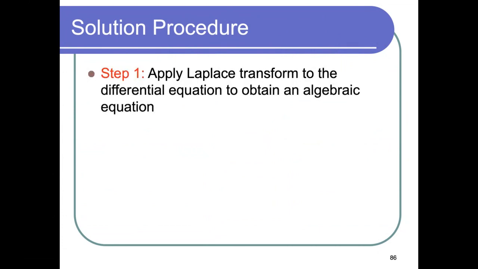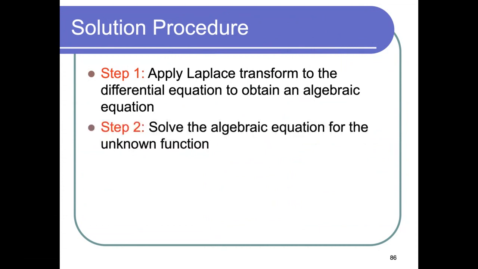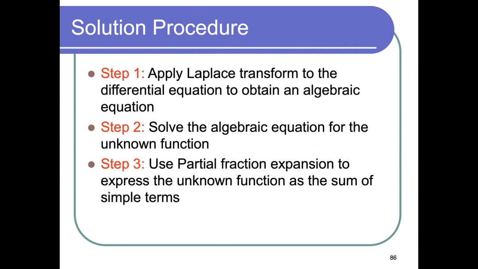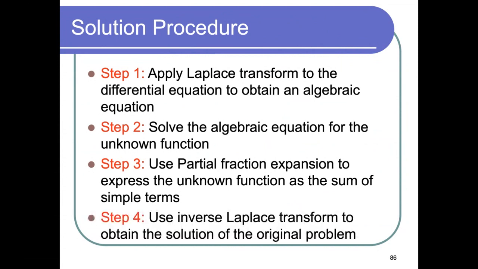All right, so here is the solution procedure. Step 1, you apply the Laplace transform to the differential equation to get an algebraic equation. Then you solve the algebraic equation for the unknown function and use partial fraction expansion to express the unknown function as the sum of simple terms. With that, you can use the inverse Laplace transform to obtain the solution.